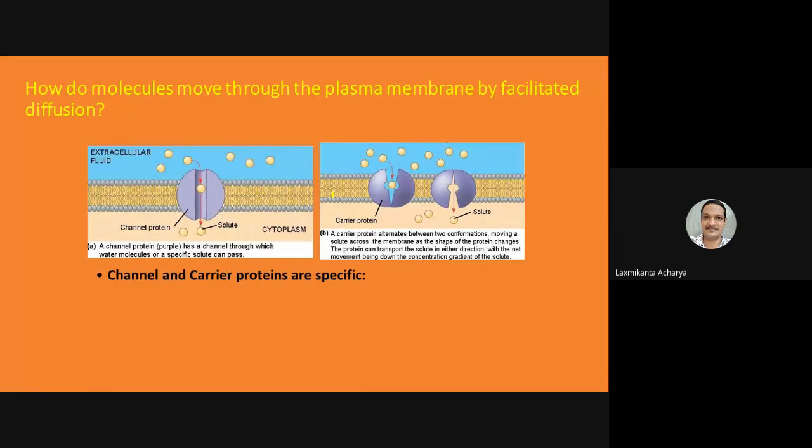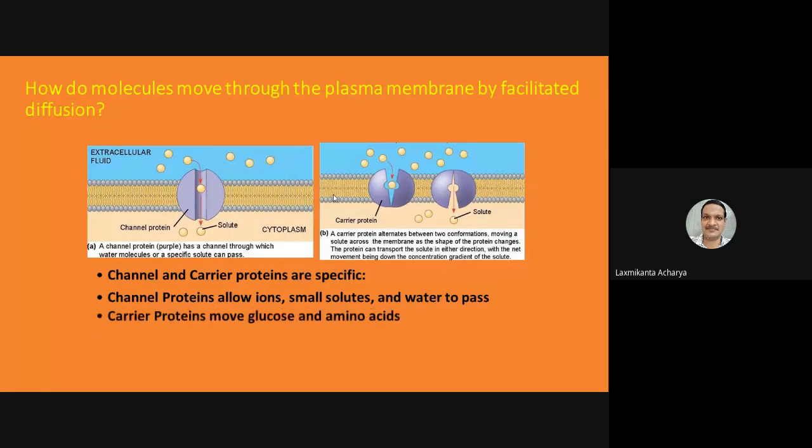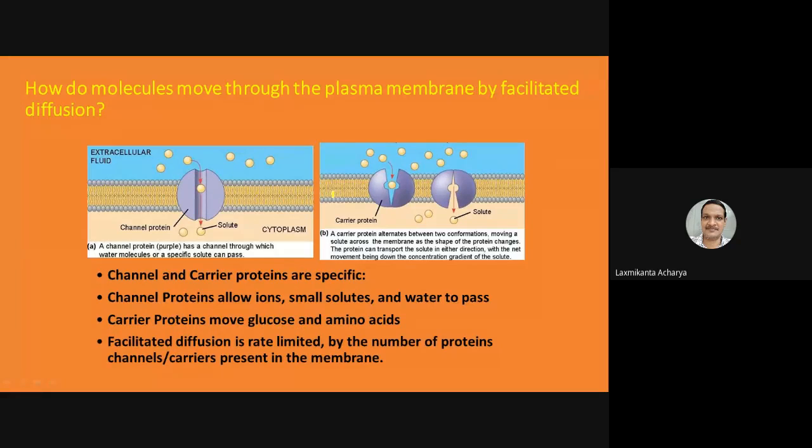These channel and carrier proteins are specific. Channel proteins allow ions, small solutes, and water to pass through the plasma membrane, and carrier proteins are also responsible for taking glucose and amino acids inside.